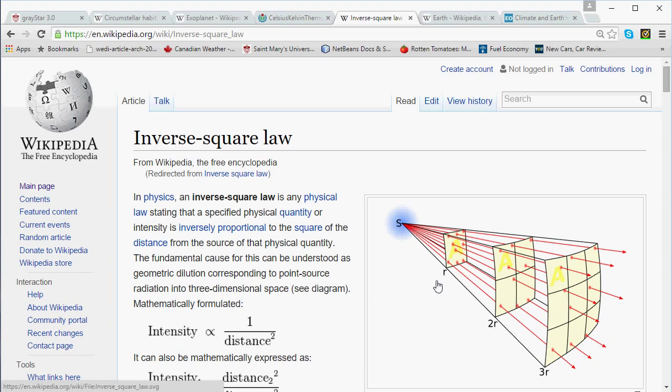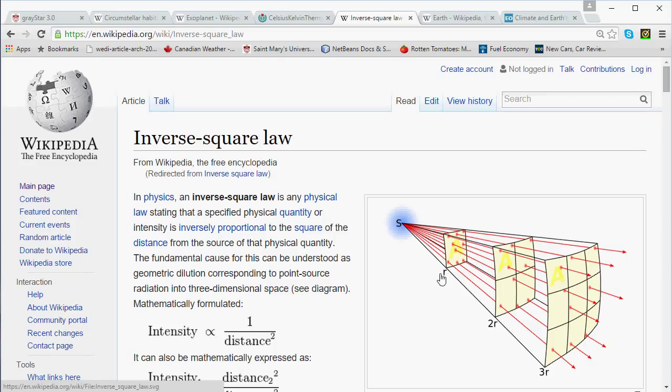Now, another important idea to remember from episode 4 is that the flux that's intercepted here is going to depend on two things. It's going to depend on the luminosity of the star, and it's going to depend on the distance to the center of the star. The flux is going to be directly proportional to the star's luminosity. All else being equal, if that central star is twice as luminous, the planet will be getting twice as much flux, and the heating rate for that planet will be twice as large.